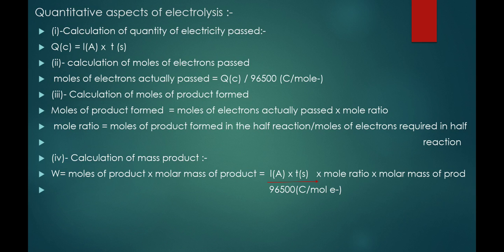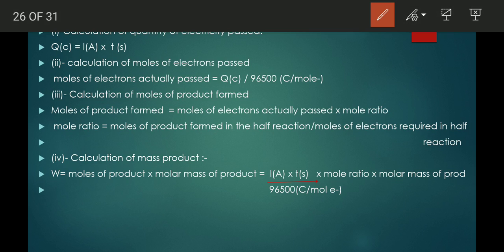For example, for mole ratio, suppose we take Cu2+. It will gain 2 electrons and form Cu. In this half reaction, mole of product is 1 and mole of electron used is 2. So in this case, mole ratio is equal to 1 by 2.